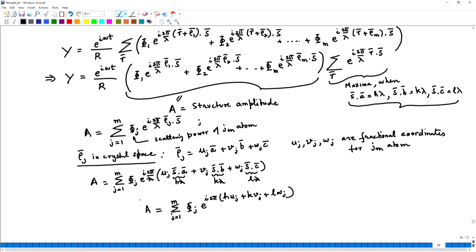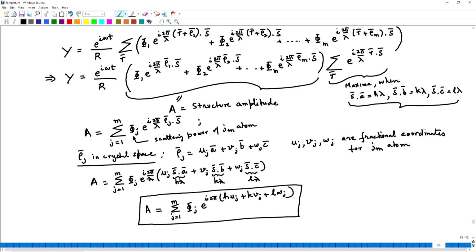Now, this is an important equation that we have arrived at. So, h, k and l are representing the planes from which X-ray reflection is taking place, and uj, vj, wj are the fractional coordinates of the atoms in the unit cell.